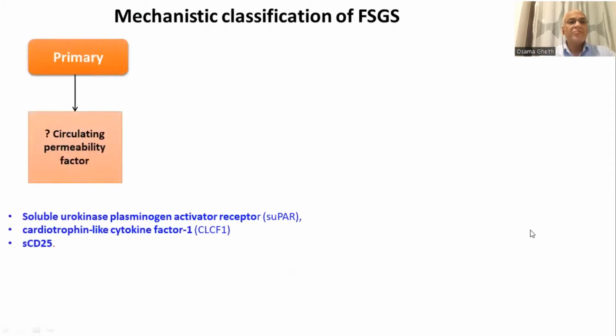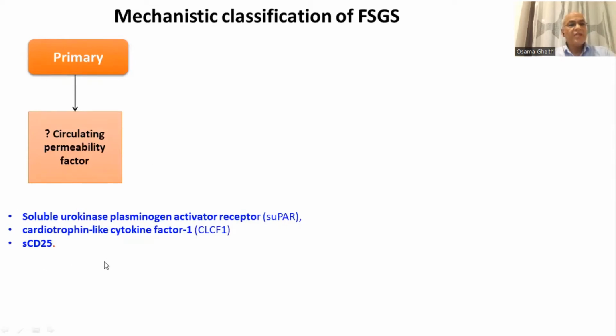This cartoon shows the mechanistic classification of FSGS. It could be primary due to circulating permeability factor. As we said, this is hypothesized, with factors like soluble urokinase plasminogen activator receptor, cardiotrophin-like cytokine factor 1, and CD25.